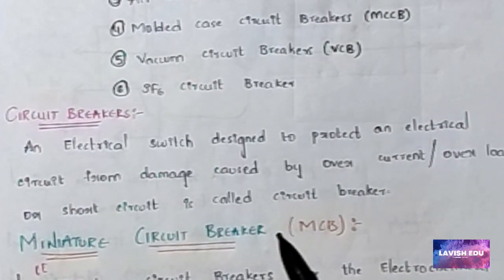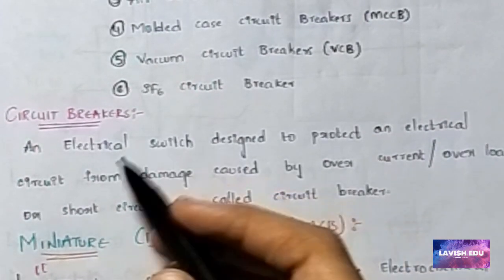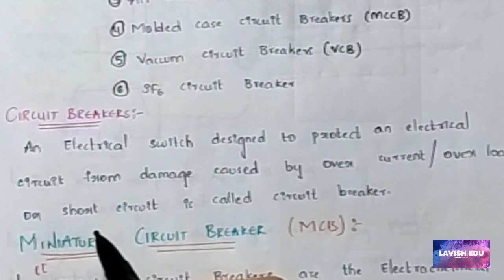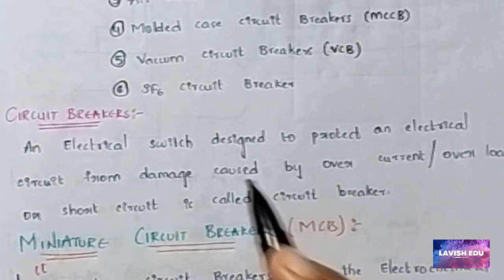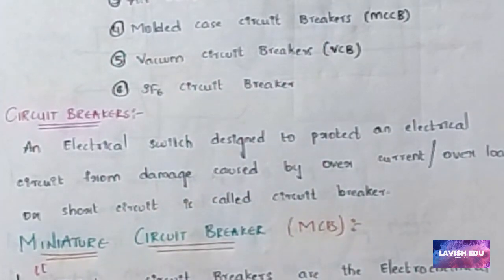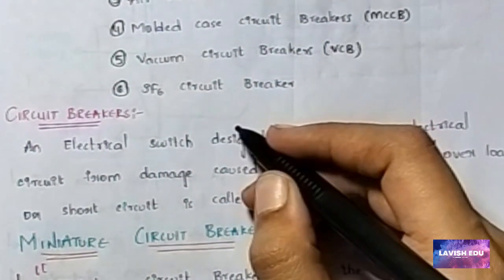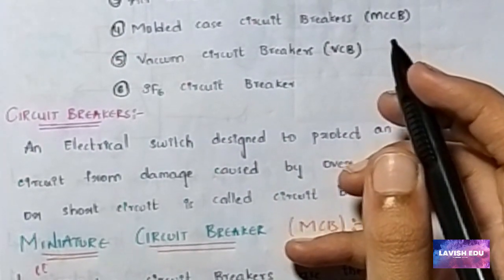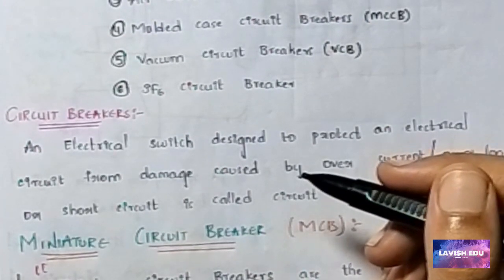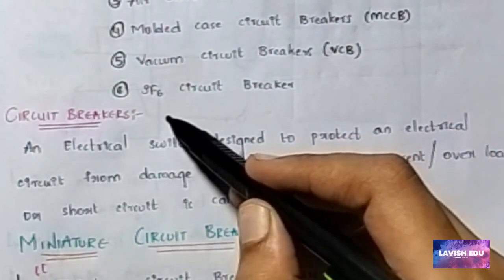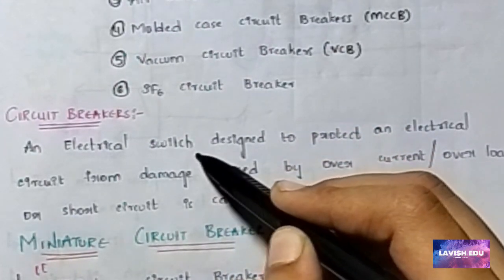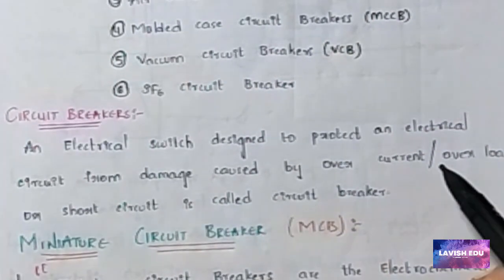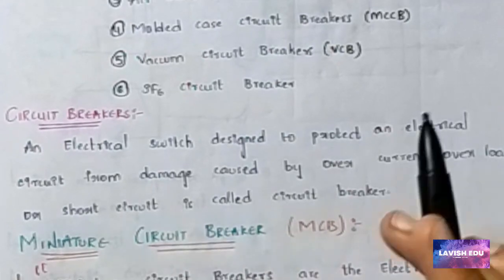From this definition, we understand it is an electrical switch used to protect from overload or short circuit conditions. Like fuses, which save us from great damage, circuit breakers are a type of switch connected to the circuit to avoid overcurrent, overload or short circuit.